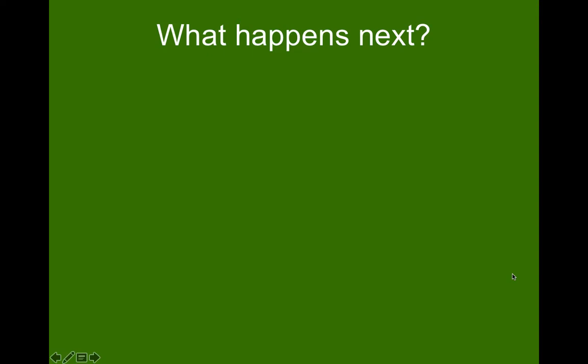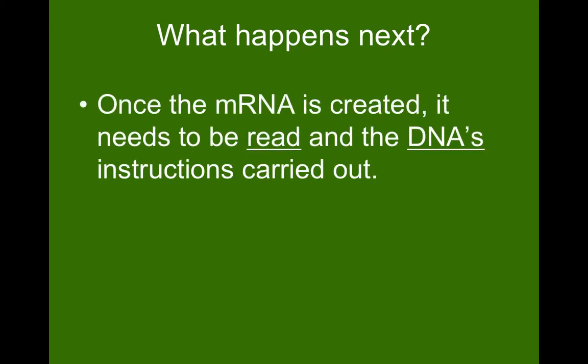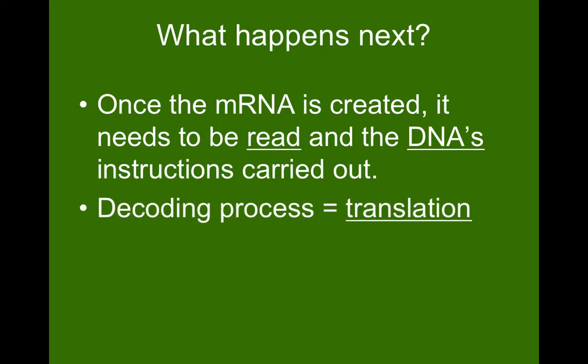All right, so now that we've got this edited piece of messenger RNA, what happens next? Well, it has to be read. We can't just keep it as messenger RNA. We're never going to get a protein, and it contains the DNA's instructions. So that decoding process is called translation. If you think about it, I've transcribed, so I've kind of copied my DNA into messenger RNA, and now I need to translate it.